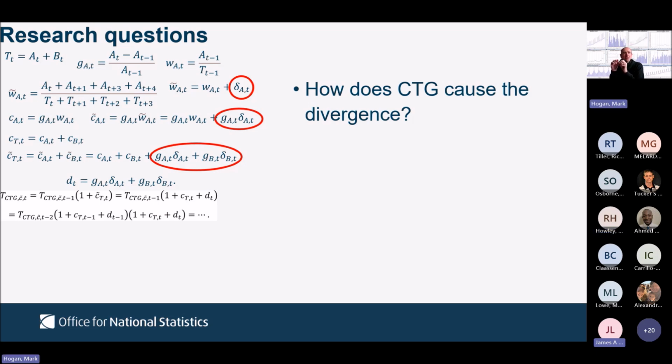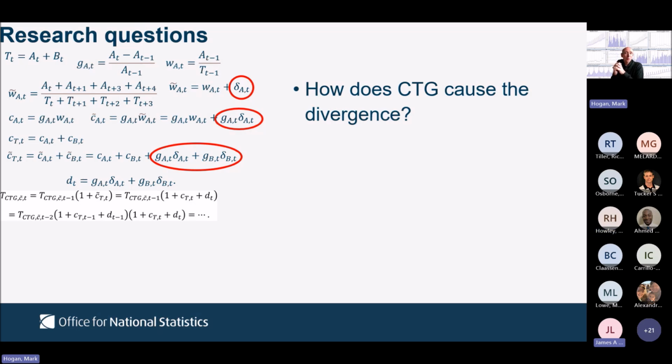And the total index at time point T, when you use annual weights, is equal to the value in the previous period multiplied by 1 plus this C tilde.